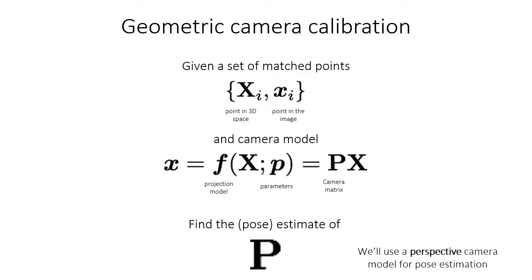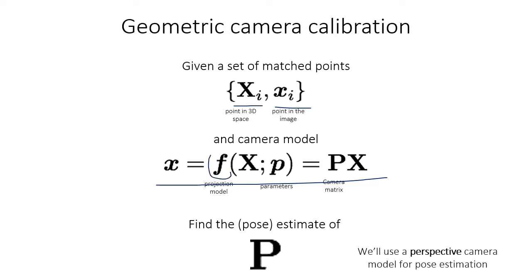Let me explain geometric camera calibration. Given a set of matched points in 3D space and in the image plane, we use this camera model.